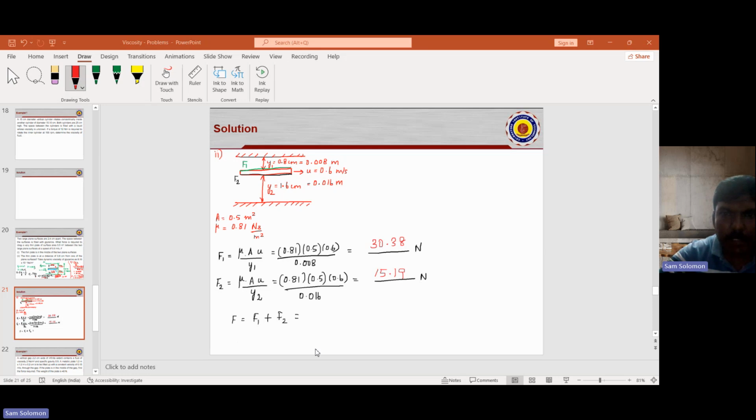So if we add these two, we would get 45.99. So this is 30.38 plus 15.19. And so the final answer is 45.99 newtons. Okay. Let's move on to the next problem.